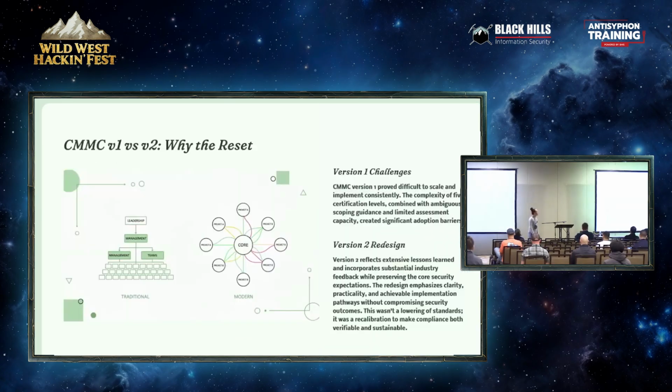So why the reset? We had some problems with version 1. It was difficult to scale. 5 certification levels. A lot of ambiguity. So version 2 really is about trying to simplify it down to the 3 levels, trying to be more practical, and making it, again, all about the data. We're not lowering the standards.